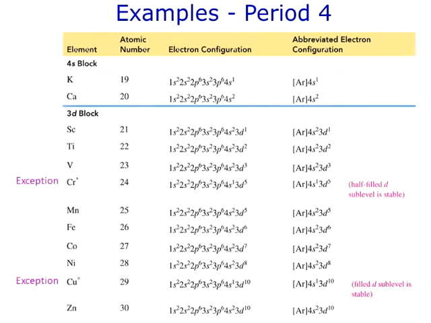So we practiced how to write electron configuration. We've practiced how to draw electron orbital diagrams. We know how to count the valence electrons by counting all the electrons in the highest n value. And we know that that number of electrons can range from 1 to 8.